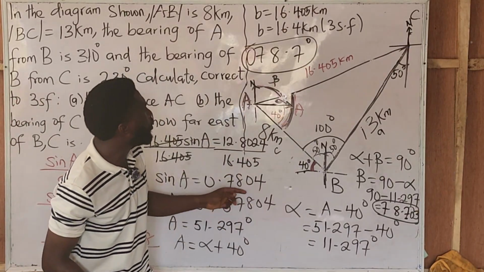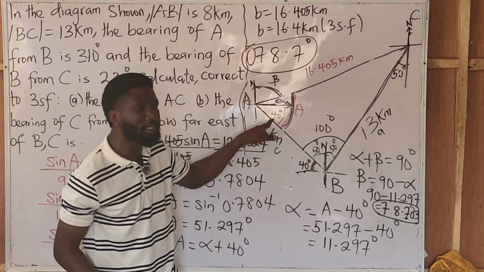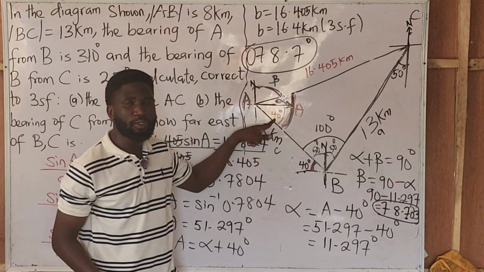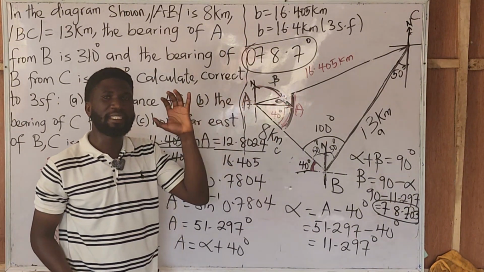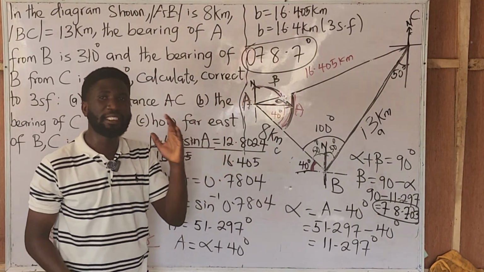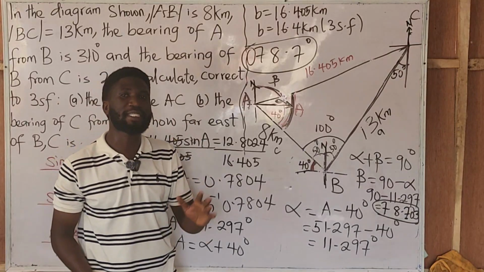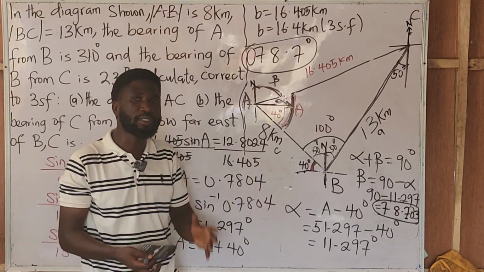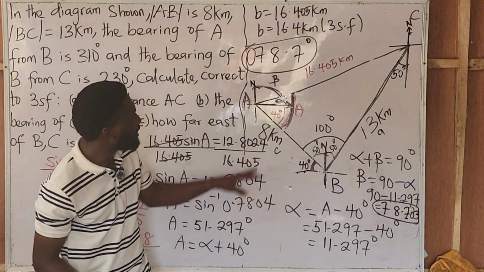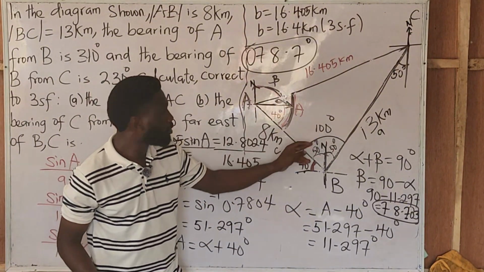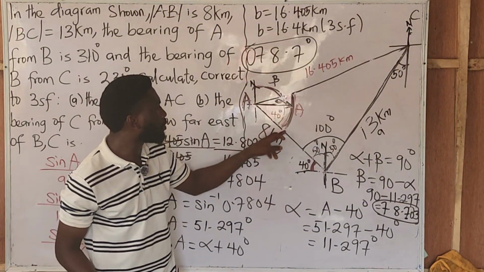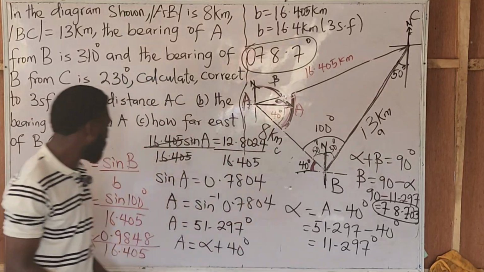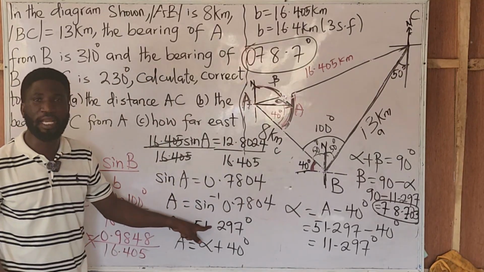But then we are being told that here is 40 degrees. So just have it in mind that in most cases to find the bearing now, we need to make use of the sine rule. So we are going to be comparing two angles and then two sides. So we are comparing A and B. So for this A now, we've gotten the total. We've gotten this A to be 51.297.